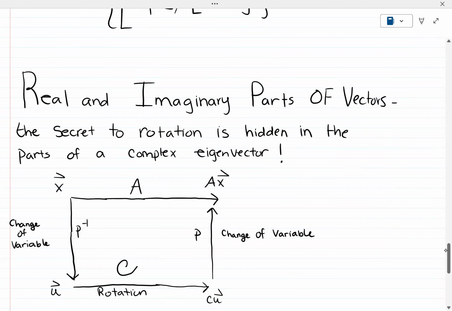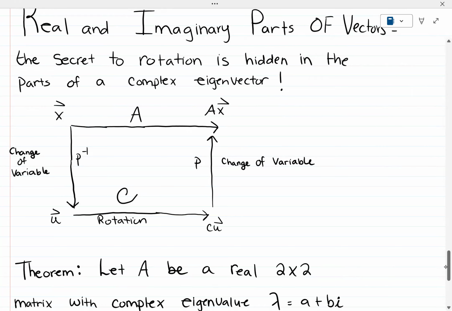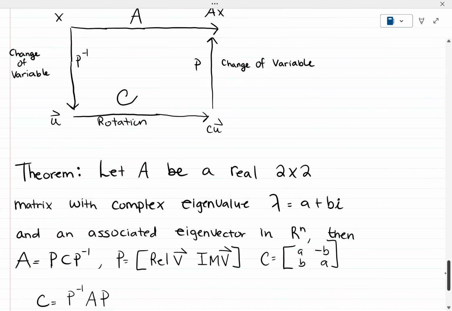So, real and imaginary parts of vectors. The secret to rotation is hidden in the parts of a complex eigenvector. Here you have this little diagram, so go ahead and draw it and let's go over the theorem. The theorem says: let A be a real 2 by 2 matrix with complex eigenvalue a plus bi and an associated eigenvector v in C^n.